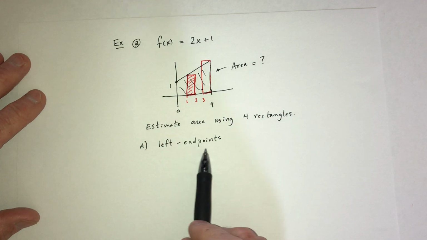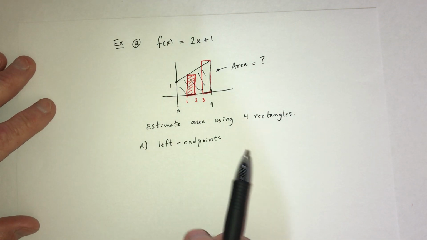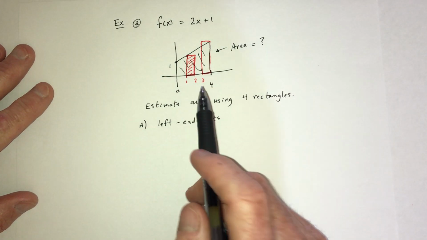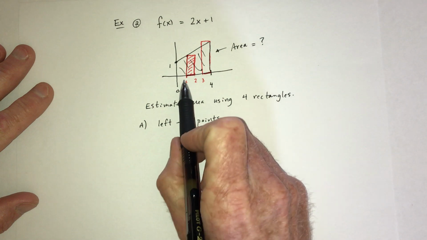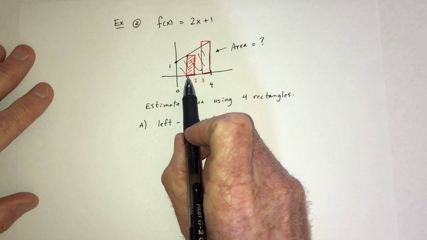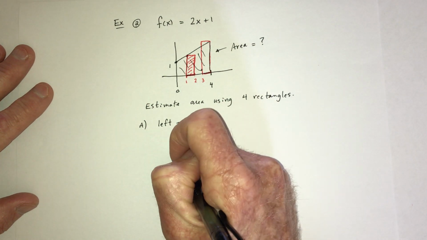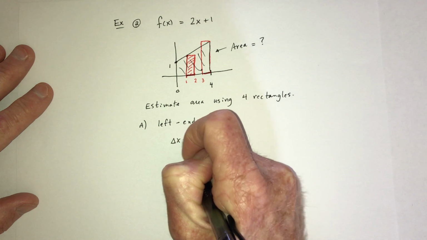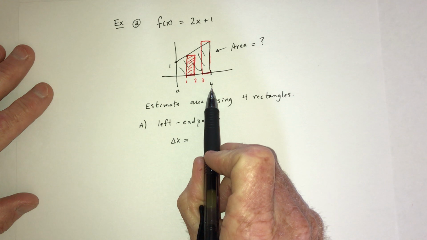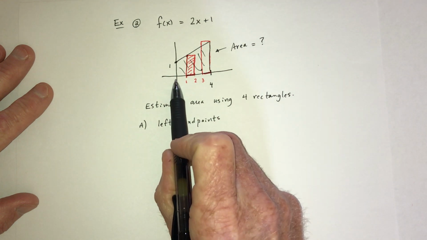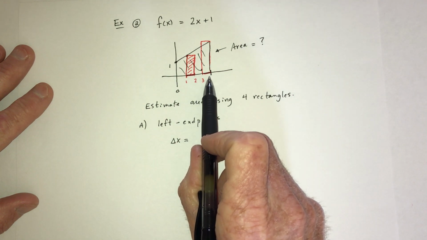Now, when you actually do this, we're going to use the sum sequence. And you don't have to draw a fancy picture, but there are certain parts that you do need to do. One is you need to find this width, which is called delta x. The way that you find delta x is find the length of the whole interval. So 4 minus 0 will be the length of this on the x-axis.